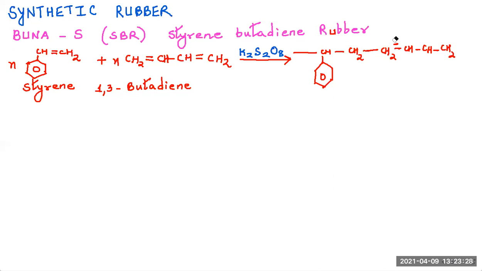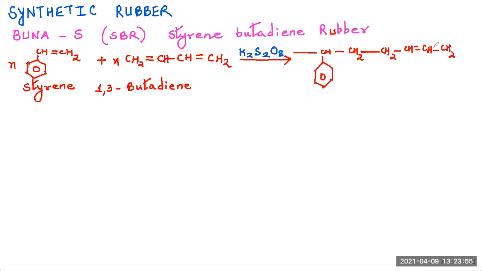No. That means you still didn't understand. Shall I make the pi bond or shall I write directly? Directly, okay. One pi bond is here, so it breaks to form 2 sigma. One pi bond is here, so it breaks to form 2 sigma.